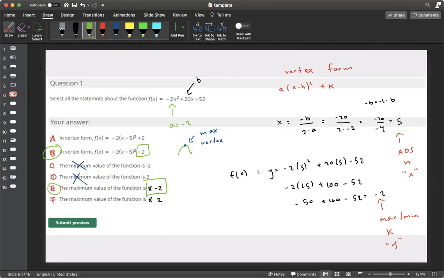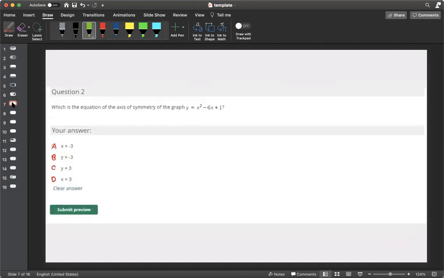Next, let's go ahead and go to the next type of question. We are going to see something like this, and they will ask us, what is the axis of symmetry for this graph? Another question they might ask instead of axis of symmetry is they might ask, what is our max or our minimum?